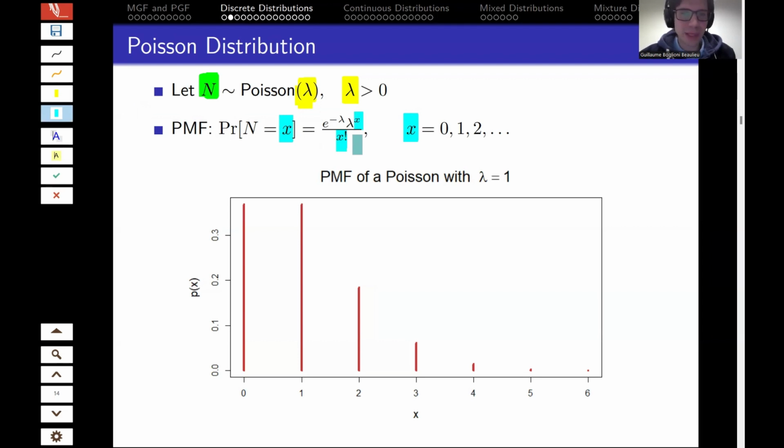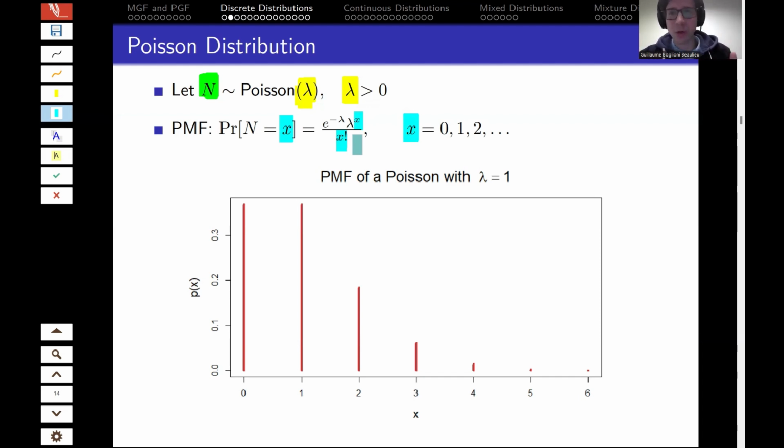Now, what is the interpretation of the Poisson? At least one interpretation is that if you have a time interval and you're counting the number of events that happen in this interval, and the rate at which events happen is constant over time, and events all happen independently of each other, meaning if you know an event just happened, it doesn't change the prospect of another event happening later, this would also correspond formally to the time between events being exponentially distributed, because the exponential has a memoryless property.